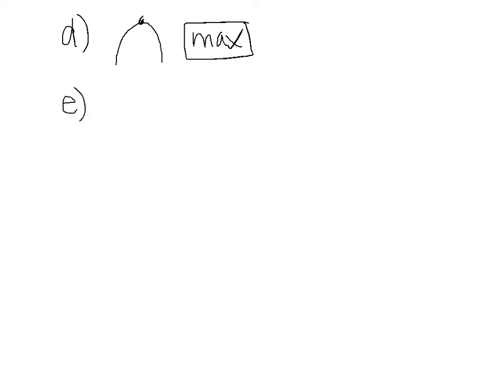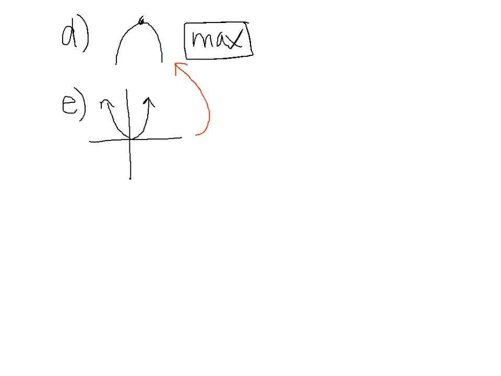Okay, part E is for you to answer. It says, list the transformations in regard to the parent function. So I want you to tell me, remember, our parent function of the quadratic looked like this. So what happened from the parent function here to get it to look like this?